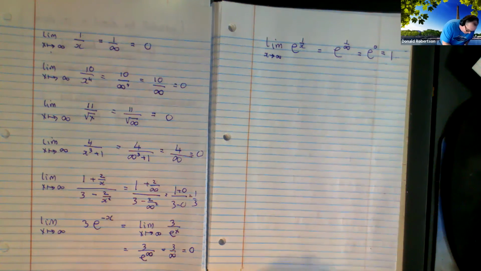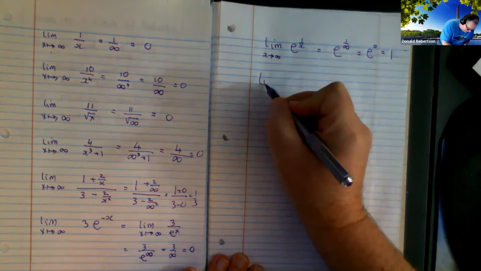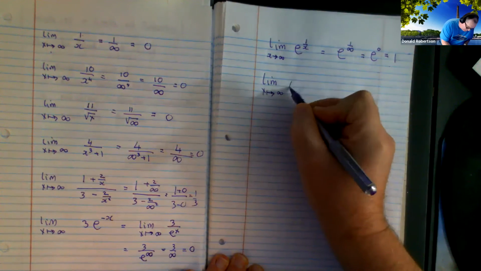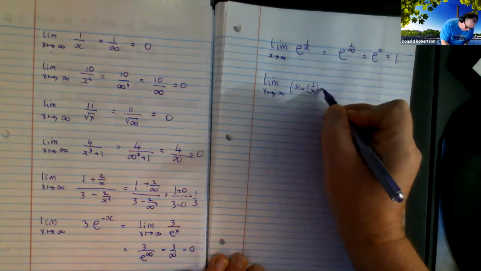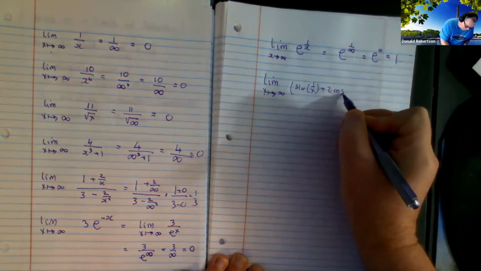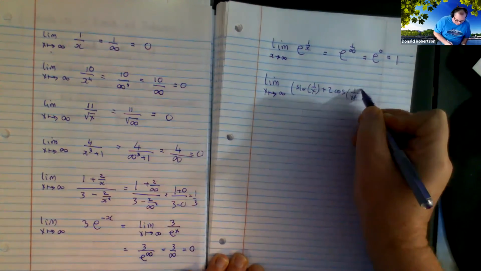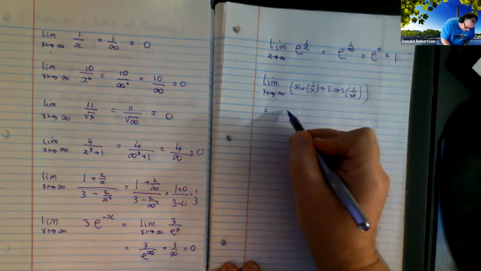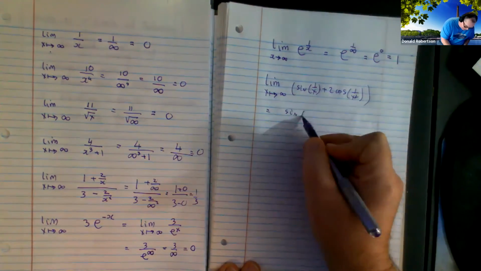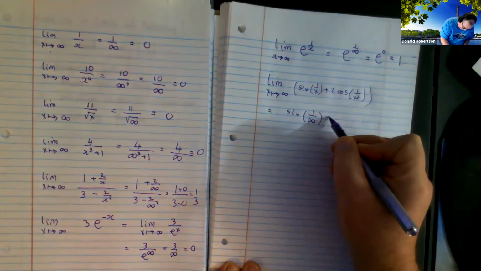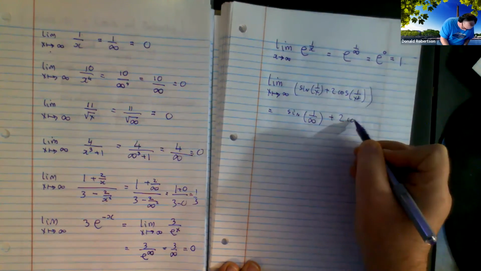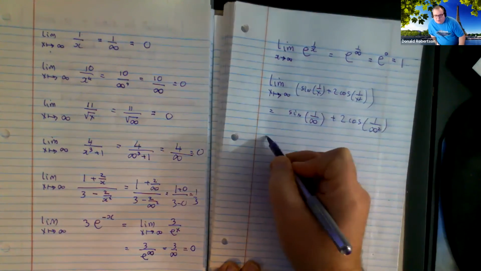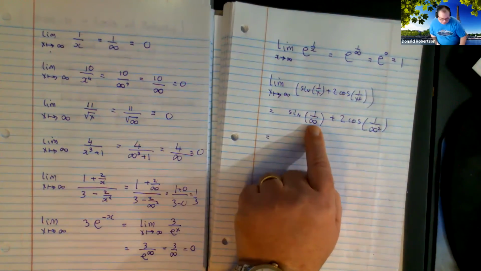Let's do a trig one. Let's see what that guy looks like. So it's going to be the sine of 1 over infinity plus 2 times the cosine of 1 over infinity squared. 1 over infinity is 0.